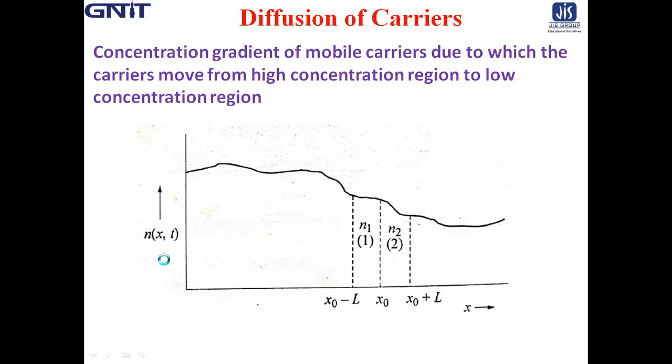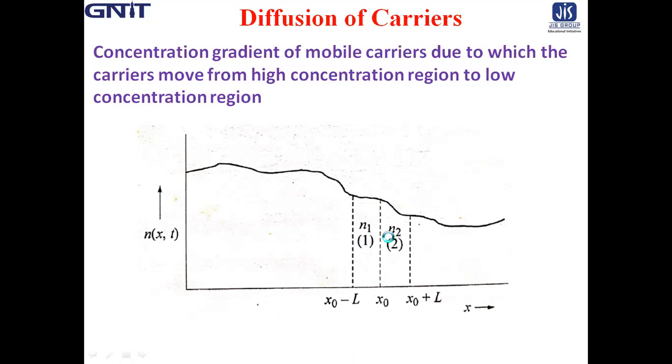The flux of electrons, flux meaning the number of electrons crossing unit area in unit time normal to the area across a plane at, say, x0 at a time t, can be obtained by taking two regions, labeled 1 and 2, on either side of the plane x0, separated by a mean free path L to each side.